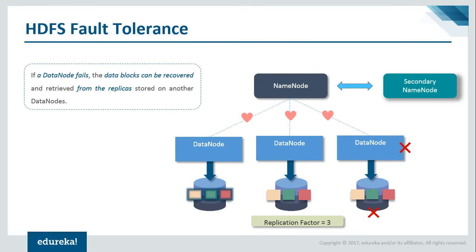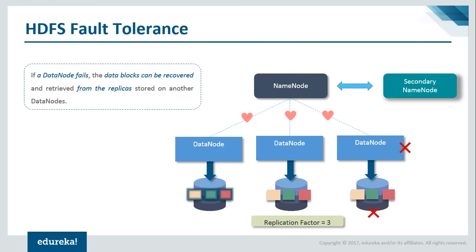Because you'll not just be having 3 data nodes across your cluster. You'll have more, so there are certain other factors. That is also covered as a part of the course curriculum. So you'll understand how data is exactly replicated and how exactly it is distributed. But basically, the main point to take out from here is that it is completely fault tolerant.